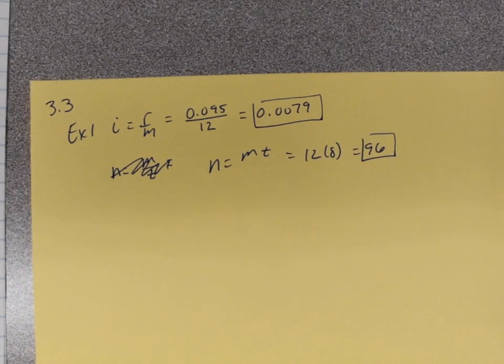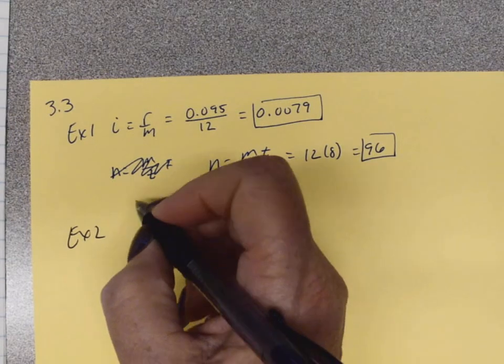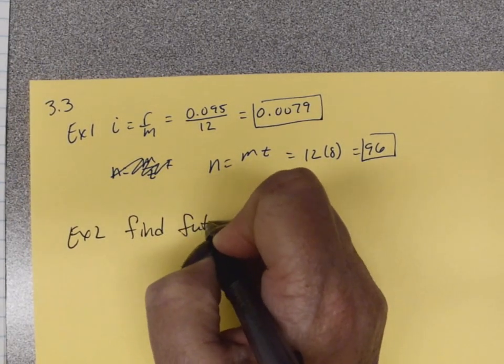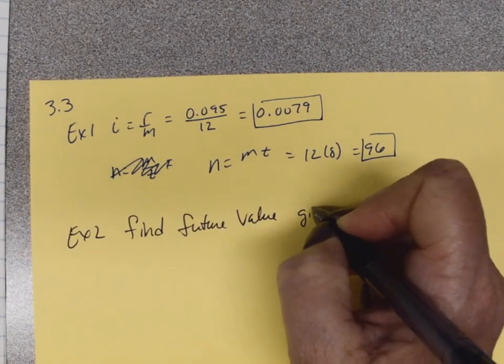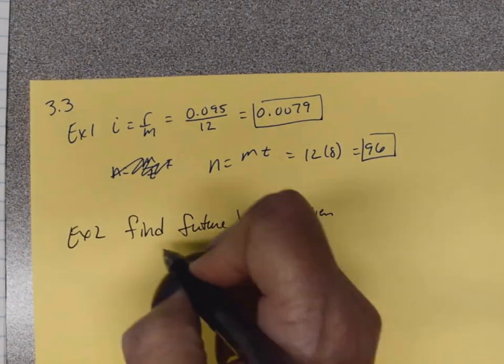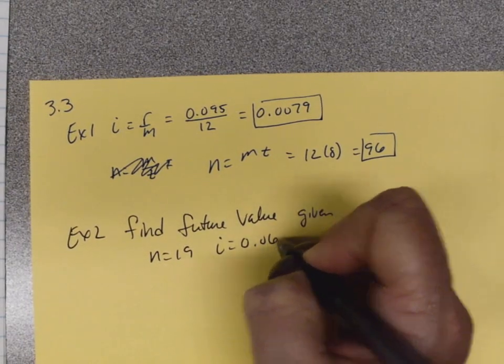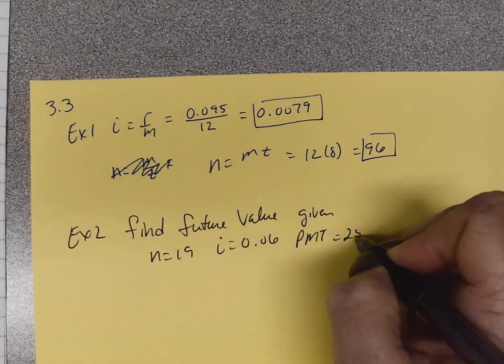All right, so for number 2, we're going to find the future value. Given N equals 19, I equals 0.06, and the payment is equal to $250.